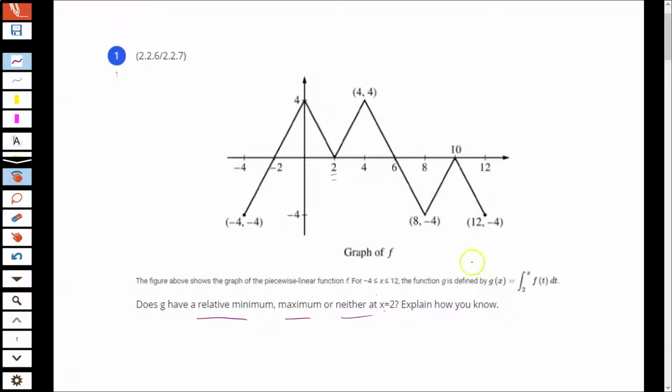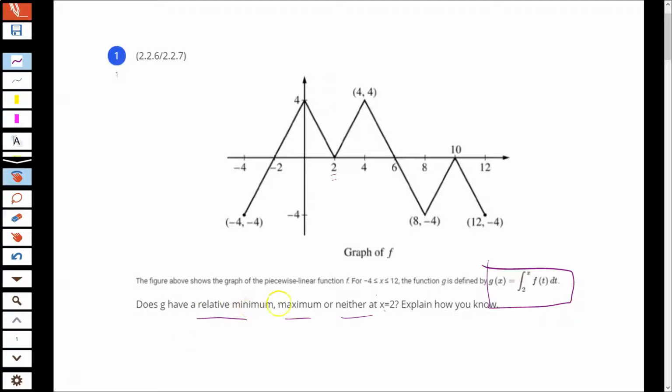So g is an accumulation function. It's given here, right? g is the function, the integral from 2 to x of f. So g is the area underneath this graph between 2 and whatever x we're plugging in. Let's remind ourselves what we're talking about here.